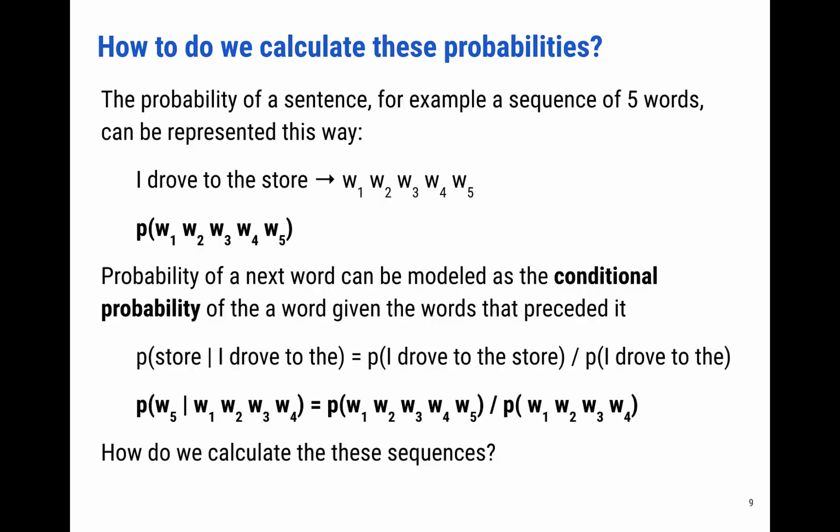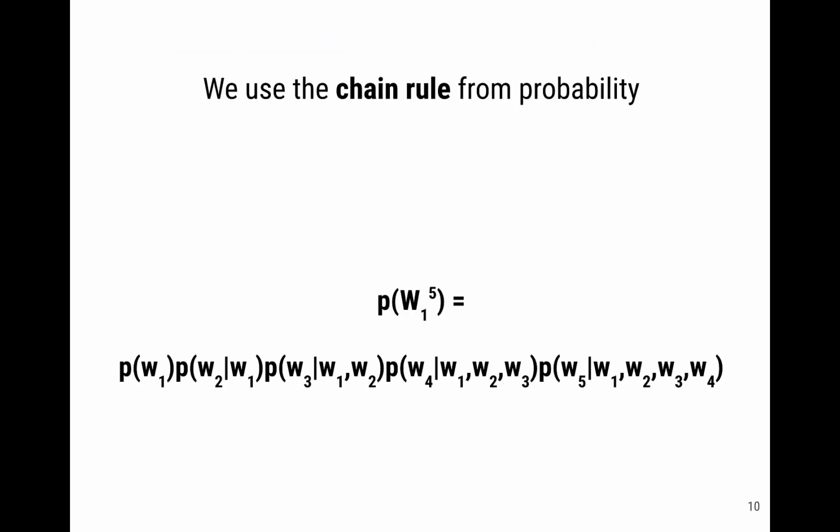So that's basic conditional probability, and it can be expressed in this particular formula where you have the joint distribution of everything divided by the joint distribution of the antecedent, the words minus the word that you're trying to predict. How do you calculate these sequences?